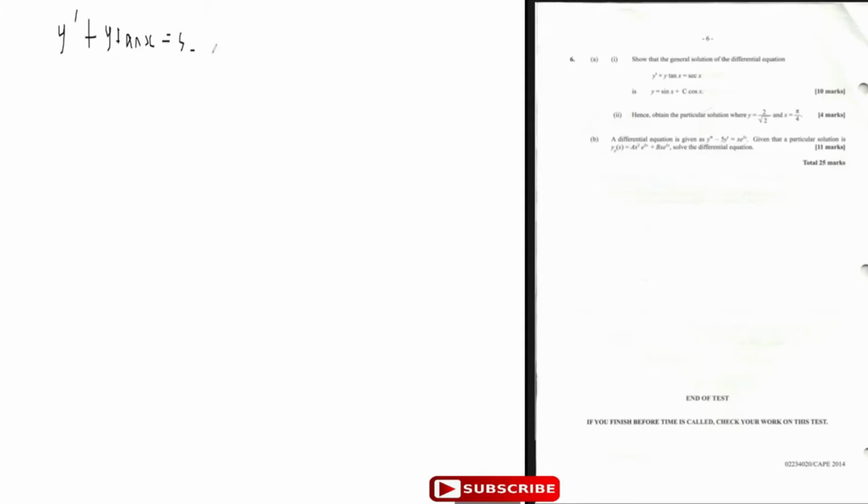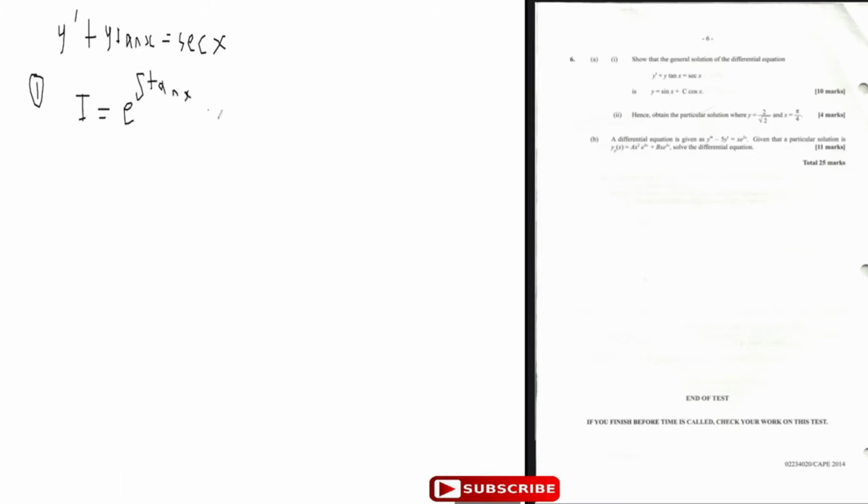So when you have a first order differential equation, first thing you need to do, step one, find your integrating factor. Your integrating factor, I like to call it I, is e to the integral of tan x. Now when you integrate tan x, you get ln sec x.